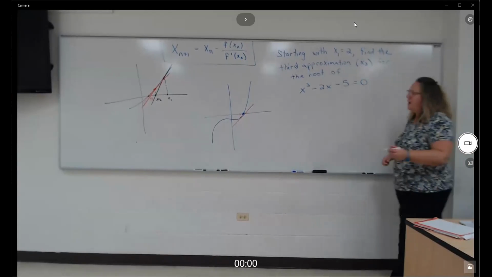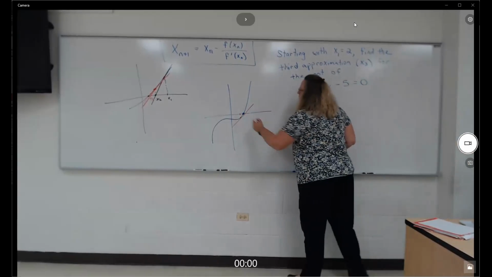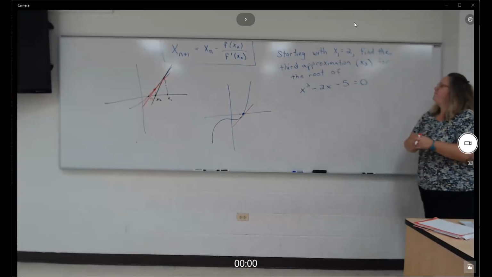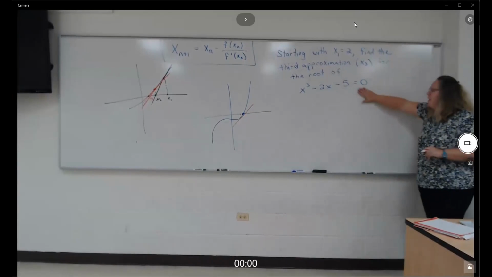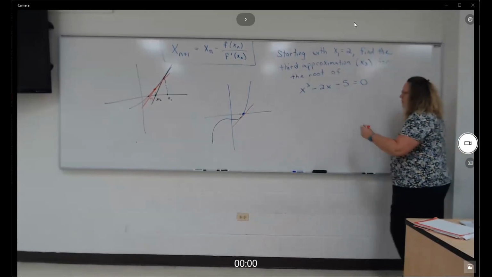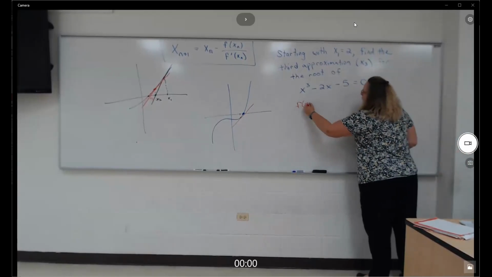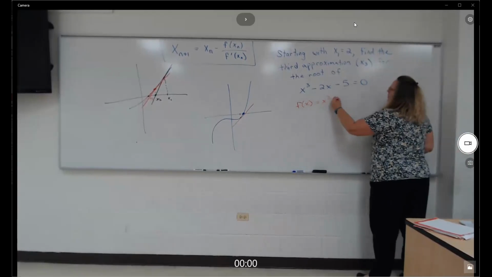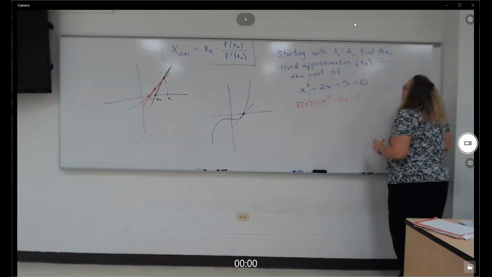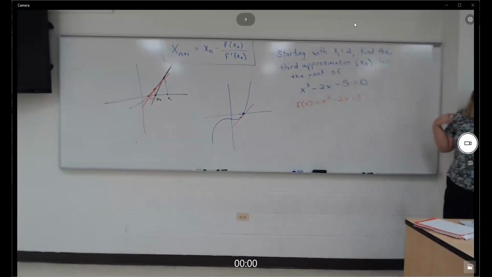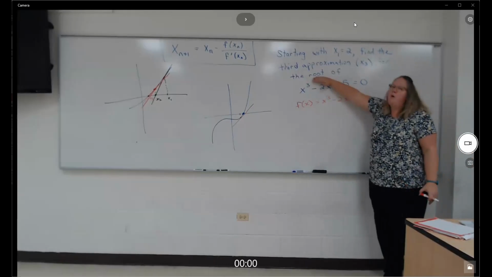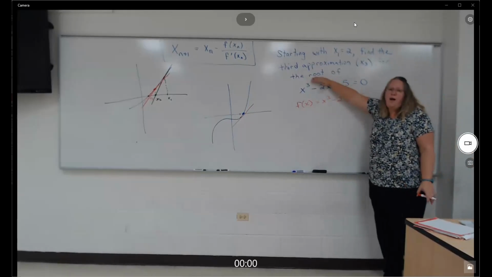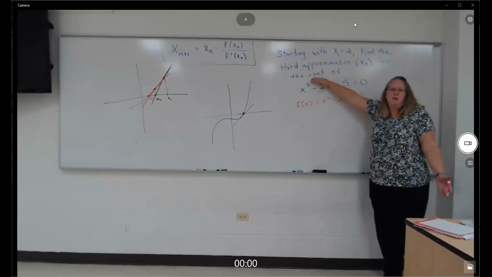So we're trying to find this blue dot right here, or at least approximate it. This is how our book does it, so we'll go with it, but I like to give it to you as a function. Because if I say find the roots, what do we know? The y value is 0.